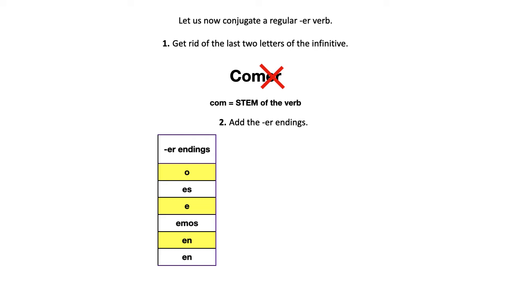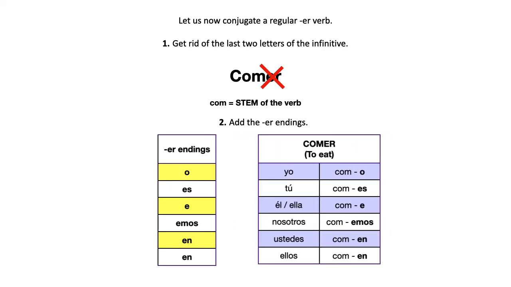Instead of an A, it is an E, right? So the er endings are o, es, e, emos, en. If we add these er endings to the stem we obtained, we get the conjugation of comer. Yo como, tú comes, él come, ella come, nosotros comemos, ustedes comen, ellos comen.